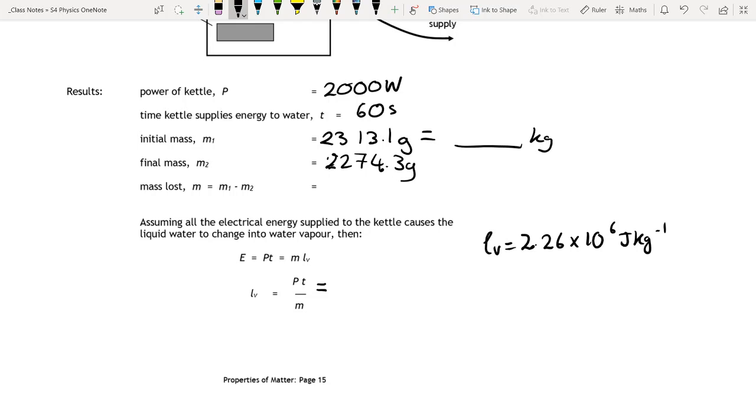Well, you need to get your calculator out and work out the mass loss in kilograms and then put it into this equation. So 2,000 times 60 divided by the mass loss in kilograms.